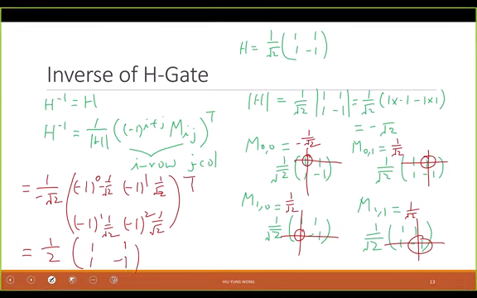Then it should be equal to h. Is it that I did something wrong about the determinants? 1 times negative 1 minus 1 times 1, negative 2.